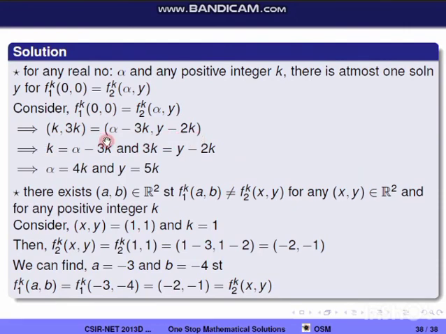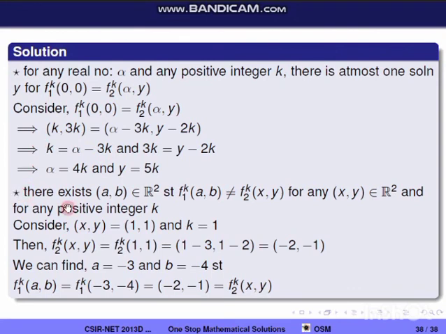So this implies k is equal to alpha minus 3k, 3k is equal to y minus 2k. From this we get alpha is equal to 4k and y is equal to 5k. So for a positive integer k, we are getting only one solution y. They have asked for at most one solution. That is, we are getting at most one solution y here. So this option is also true.